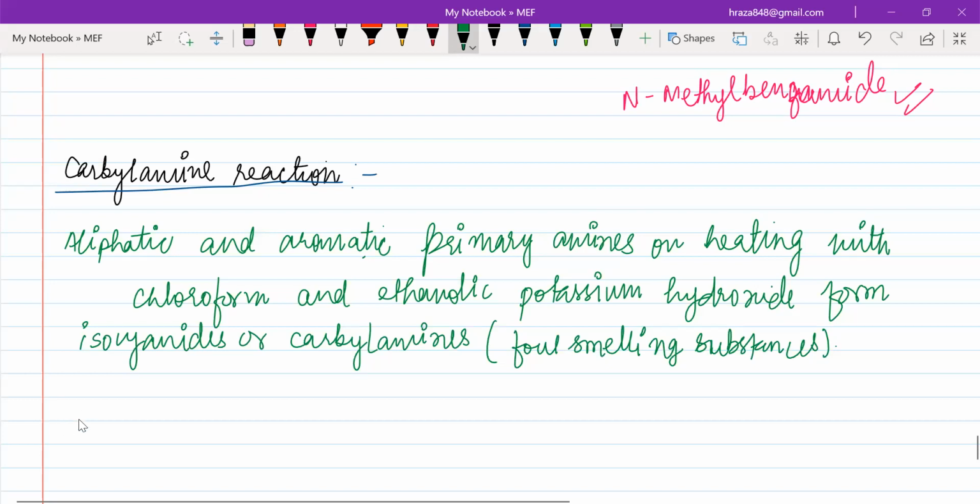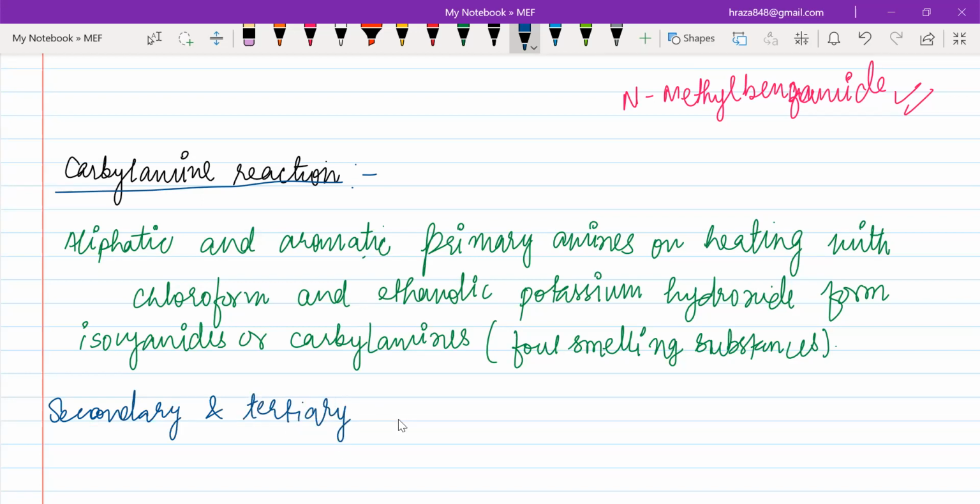Also, it's important to note that secondary and tertiary amines do not show this reaction.